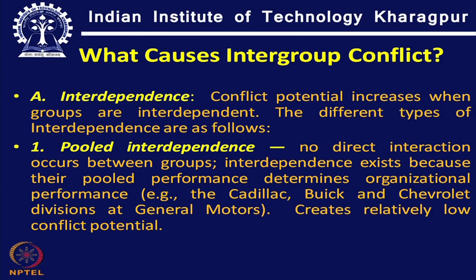Now, interdependence may be of various natures, and broadly it is classified under three headings: pooled interdependence, sequential interdependence, and reciprocal interdependence.